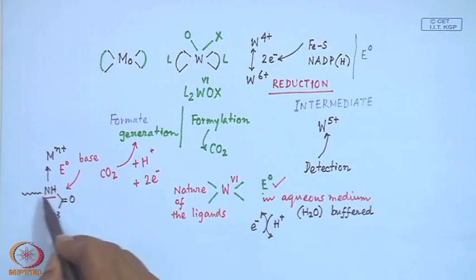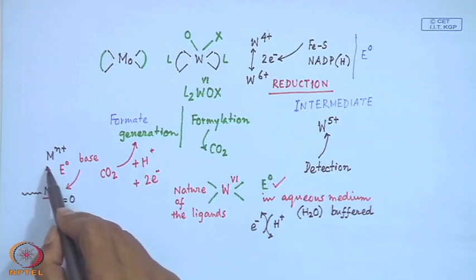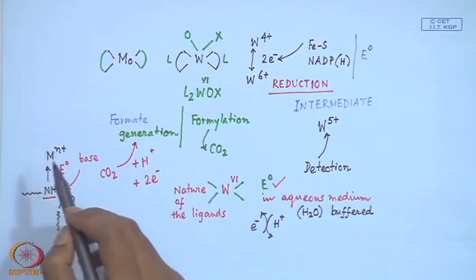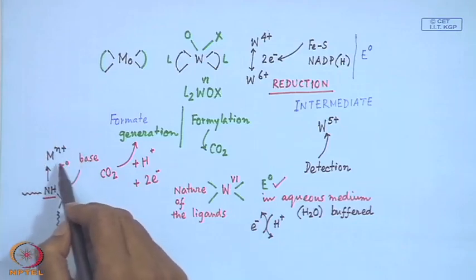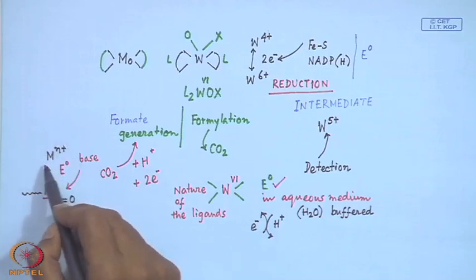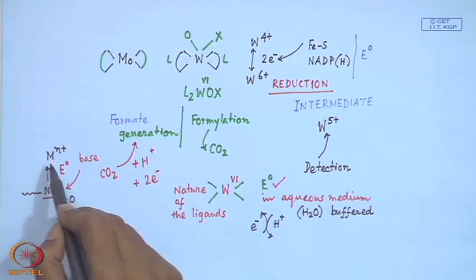So, charge density is more, and more effective charge transfer to the metal center is there, and we get basically a lower oxidation potential for any kind of oxidation reaction we are studying for this particular metal center.